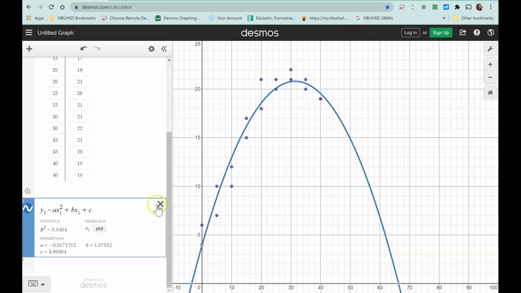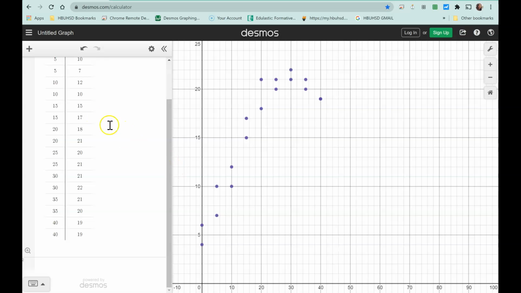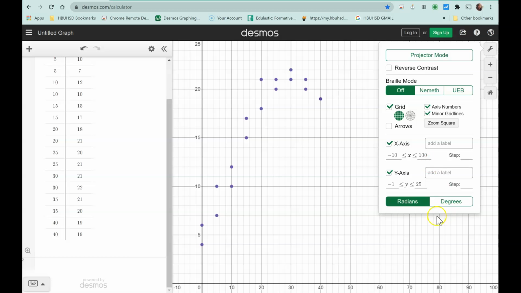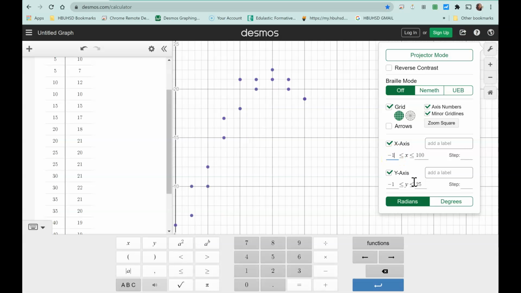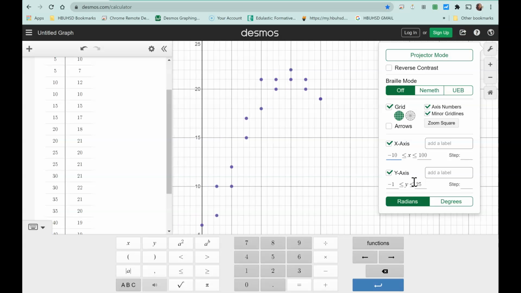Another thing is you want to look at your scaling. Since X is the amount of fertilizer, we technically don't have a negative amount of fertilizer. So normally I make it -1, a little bit on the left side of 0, so you can see the whole thing. In this case, I'm using -10 to 100. Now, Y is the amount of crop yield, also not negative.